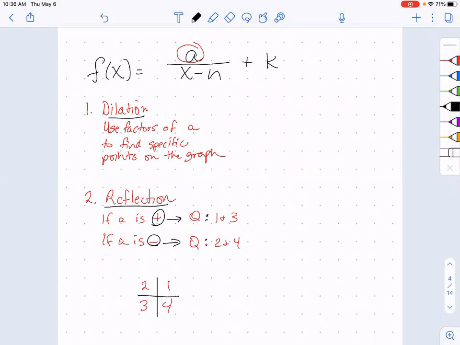And so we can say that this k number that is added onto the end produces a vertical shift. So what feature of the graph can we see really clearly shifting up as we move it with that k number?